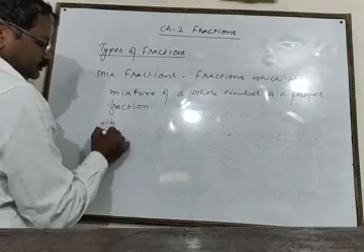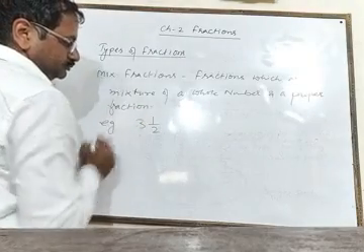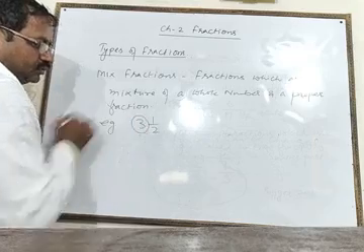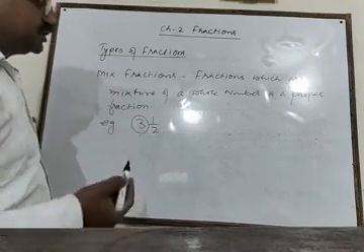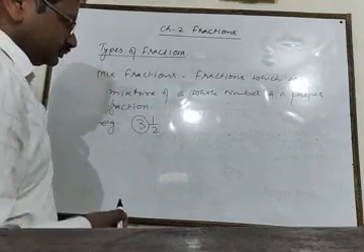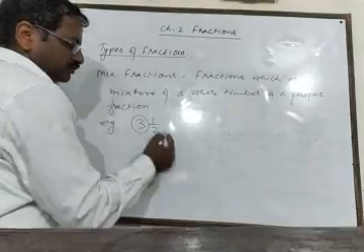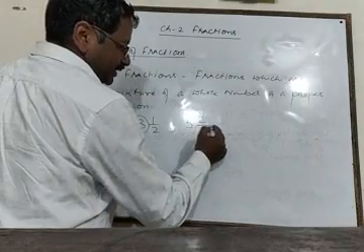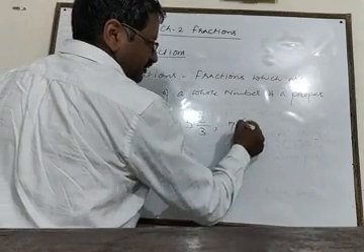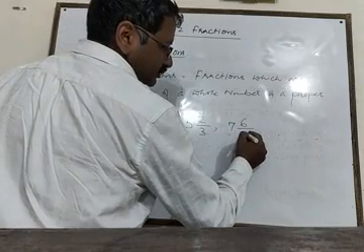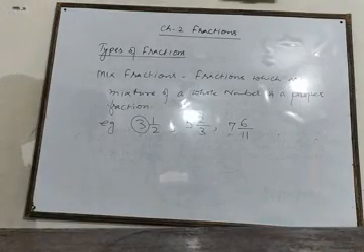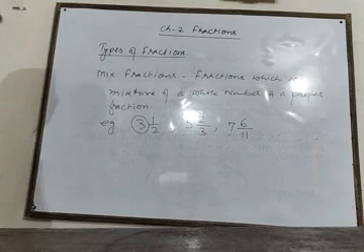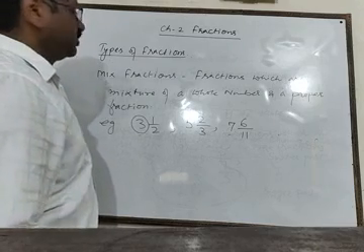For example, 3 and 1/2. This 3 is whole number and 1/2 is proper fraction. So 3 and 1/2, that is called mixed fraction. 5 and 2/3, 7 and 6/11. So this is the type of mixed fractions.